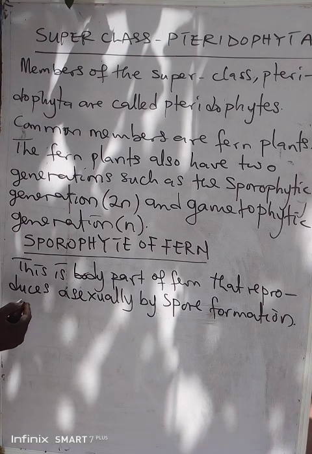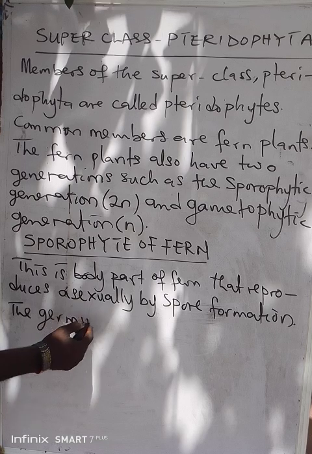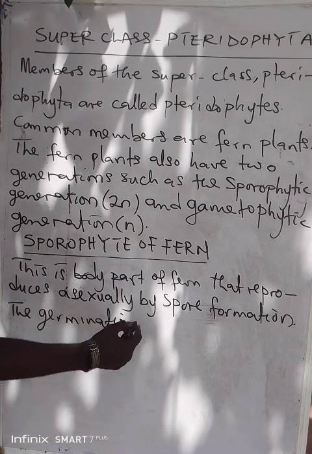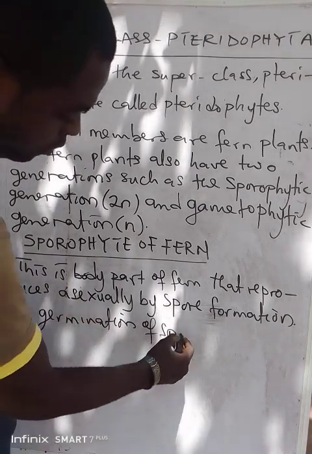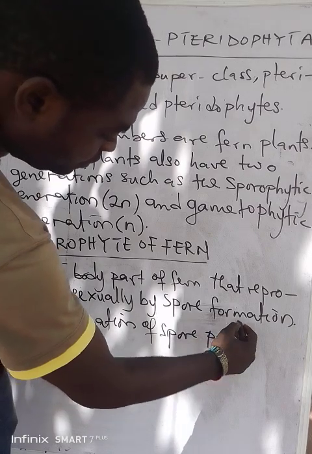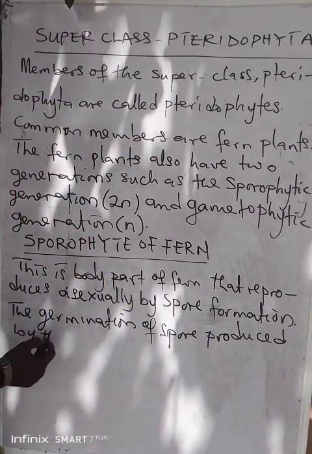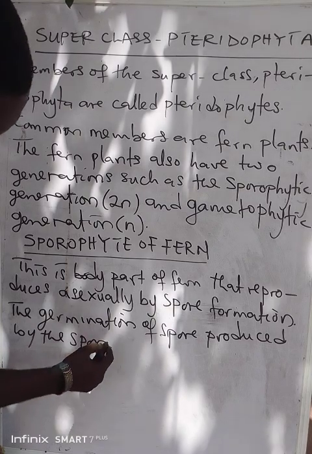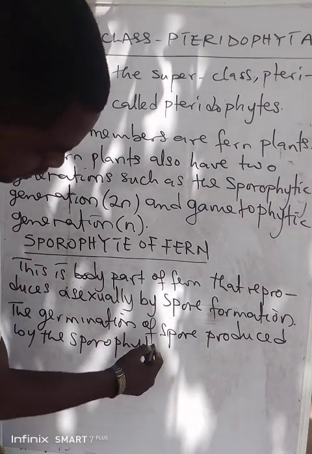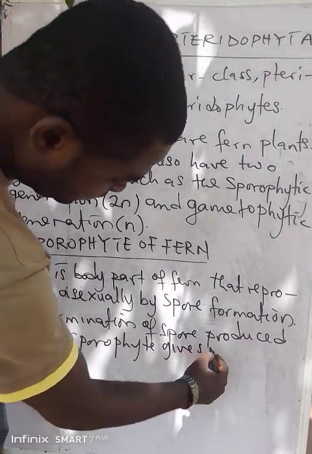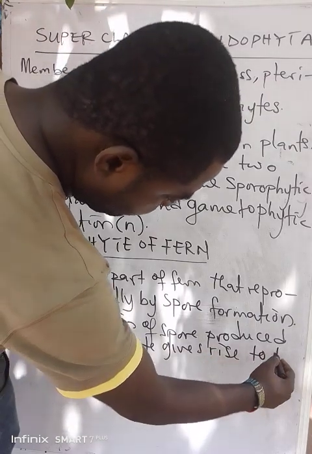So the germination of the spore produced by the sporophyte gives rise to the gametophyte.